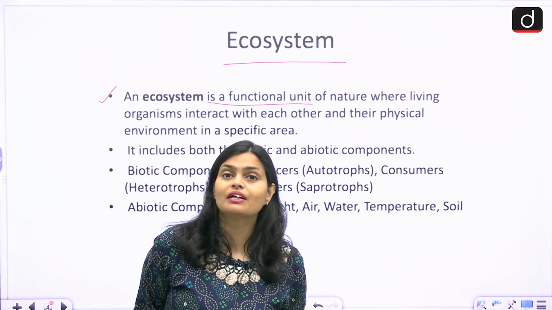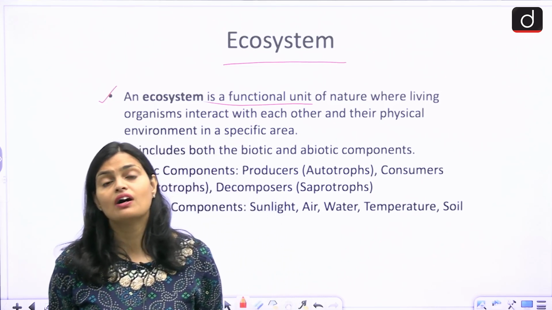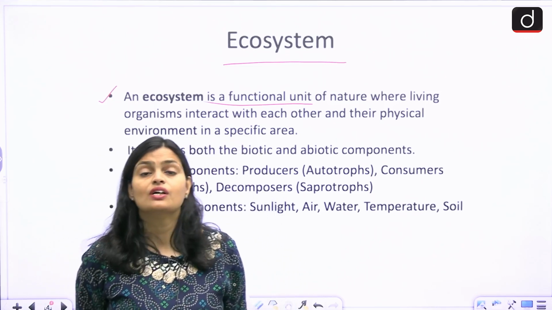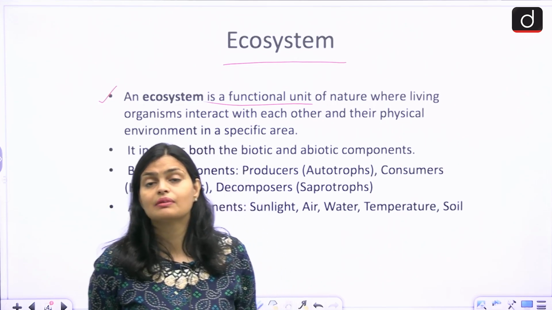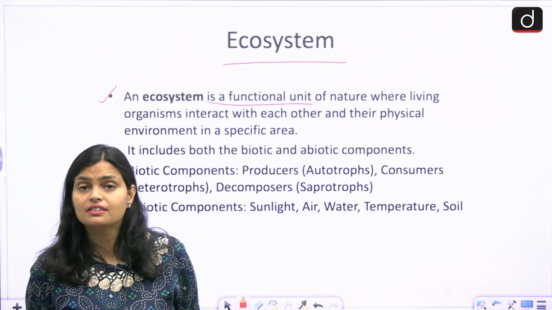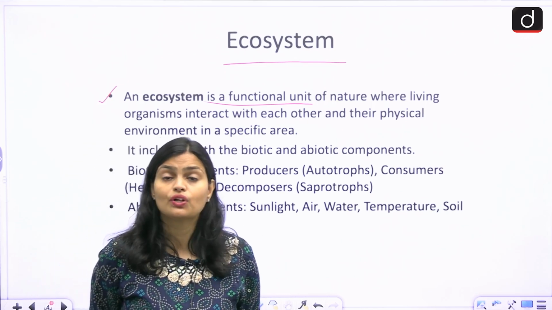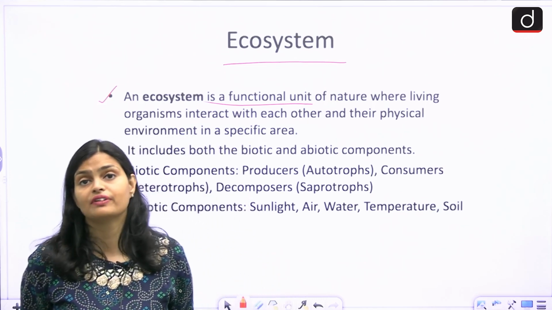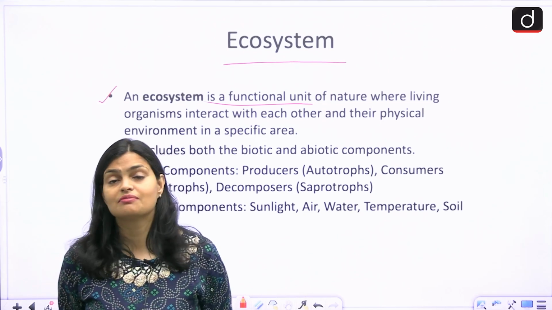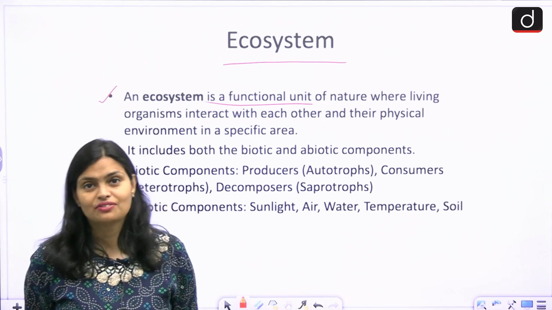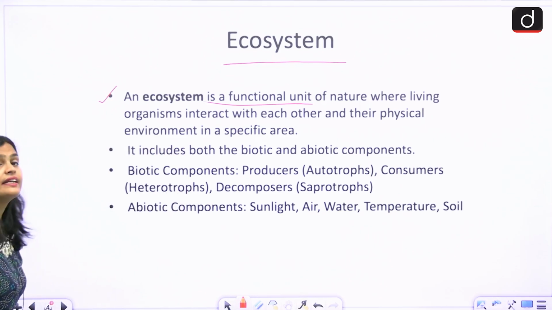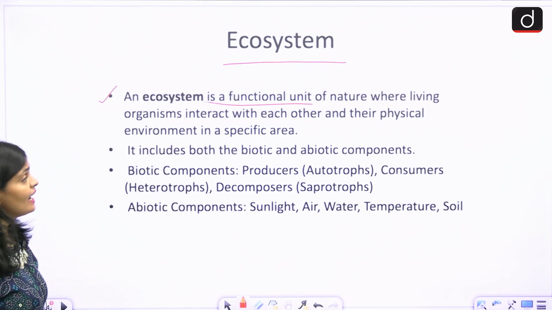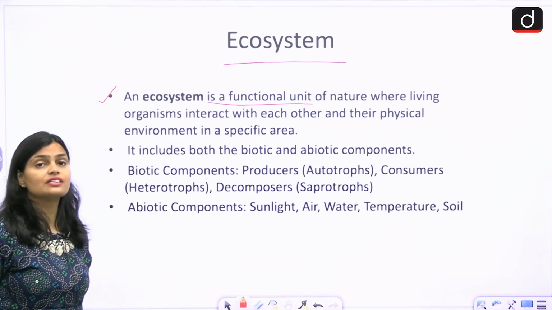So that pond becomes the ecosystem of a particular living organism. Similarly, every living organism has its particular ecosystem, and this ecosystem is the functional unit of nature. When all these ecosystems combine together, nature is formed, where living organisms interact with each other and their physical environment in a specific area.